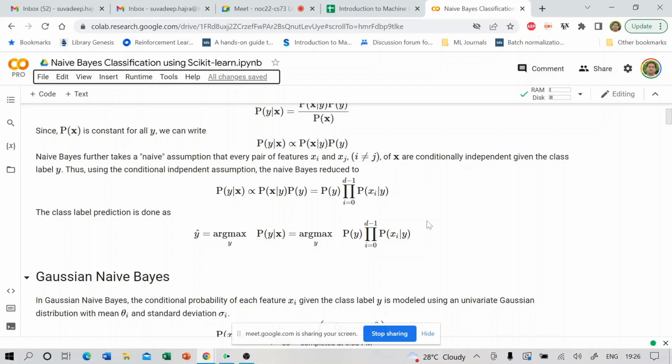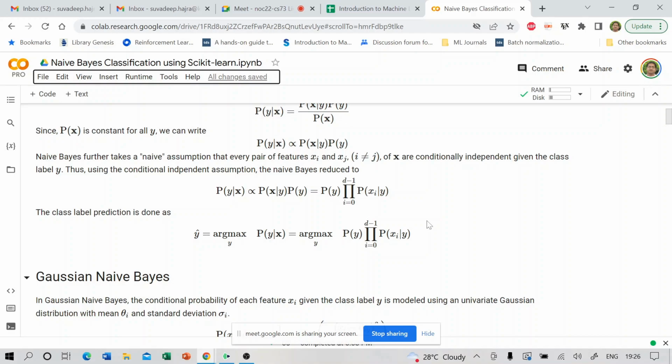If we are using a Gaussian distribution, how many parameters does it have? Mean and variance. So 2 parameters, 2 into KD.